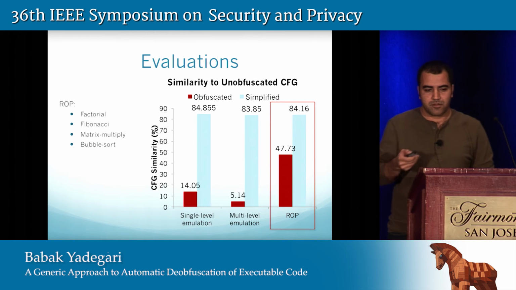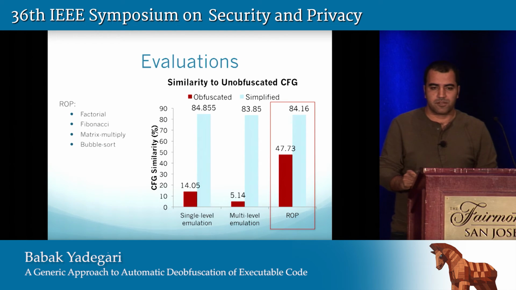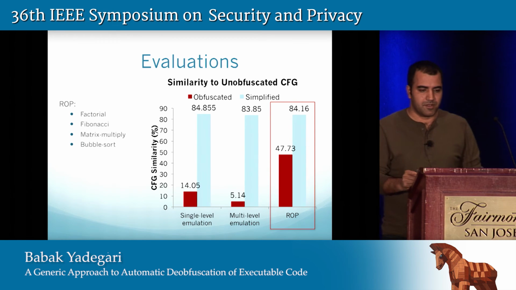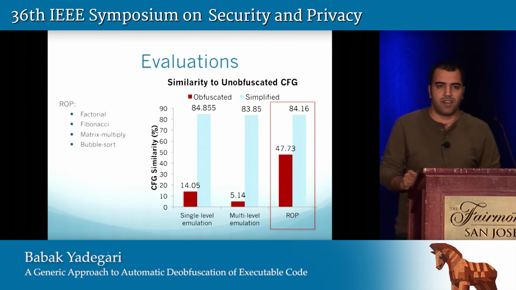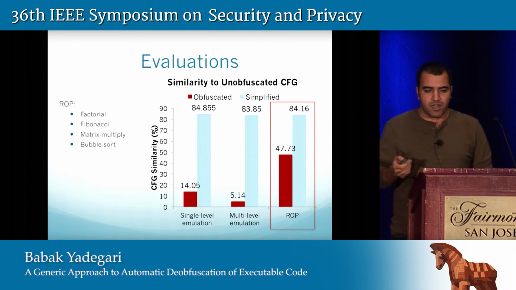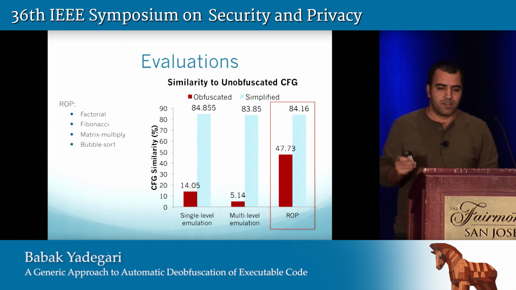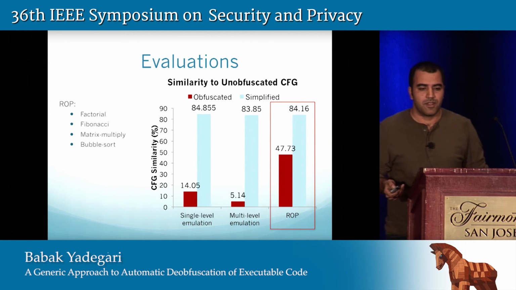And we did the same thing for ROP programs. So we used 4 ROP programs, and we built these ROP programs ourselves. We didn't actually do malicious ROPs because they were trivial and easy. So these programs that we've selected have interesting structures. So as you see, the average CFG similarity is generally above 80% with regards to the obfuscated code.